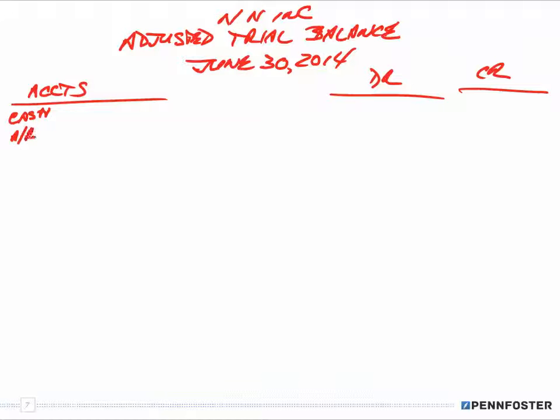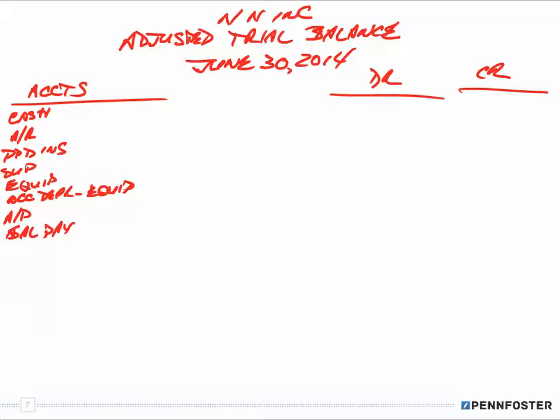Cash, accounts receivable, prepaid insurance, supplies, equipment, accumulated depreciation, equipment, accounts payable, salaries payable, unearned service revenue, common stock, retained earnings, dividends, service revenue, salaries revenue, insurance revenue.